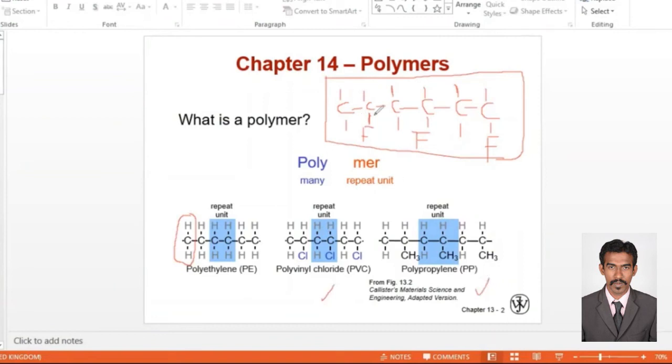Clearly it's showing this is a monomer, 2 carbon, 3 hydrogen and a fluorine. Even without the blue shade, you can identify that this unit is being repeated: 2 carbon, 3 hydrogen, fluorine, again and again. So this is the repeating unit. This is how we find the monomer from a given polymer.